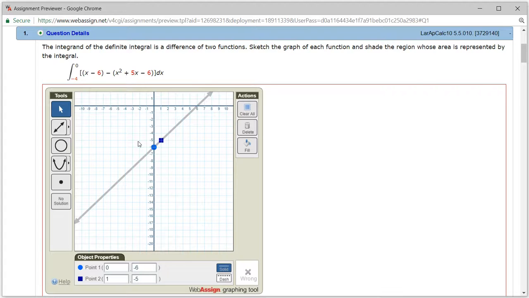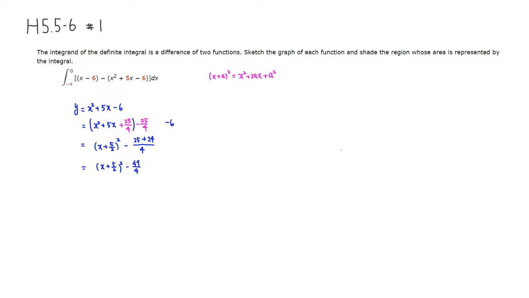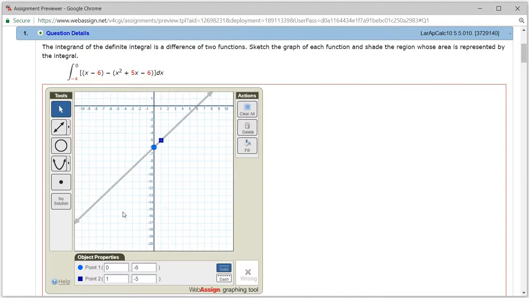The vertex is going to be at negative 5 over 2, comma negative 49 over 4. Let's try to put that in. I'm going to use this parabola tool.